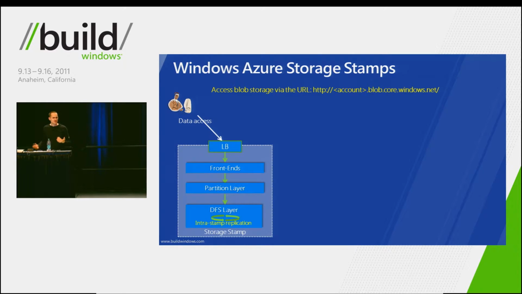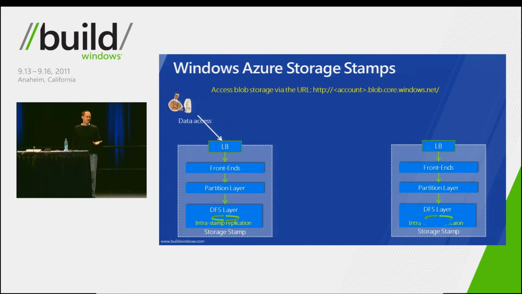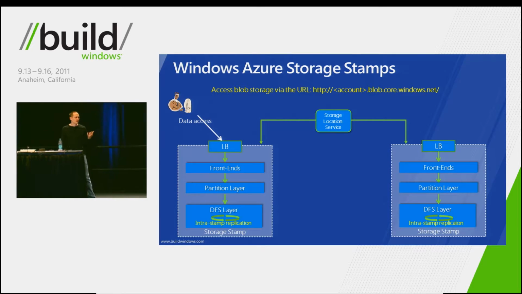Then to scale out additional capacity, these 10 to 20 racks of storage represent around, depending upon our generation of our SKU, 2 to 30 petabytes of storage. So to get additional capacity in a data center, we just stamp these out. That's why we call them stamps. So we create another tenant, a storage tenant. Then we have what's called a storage location service that manages all the storage tenants around the world.